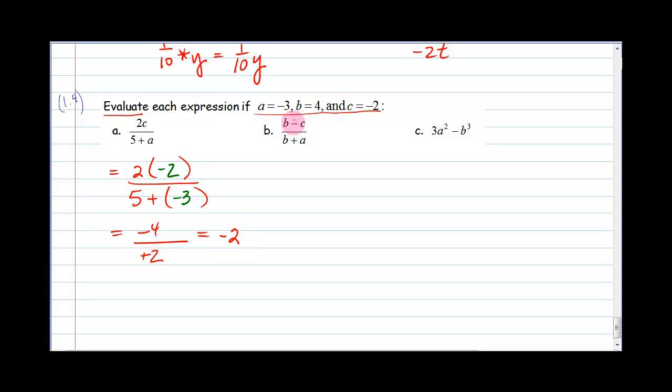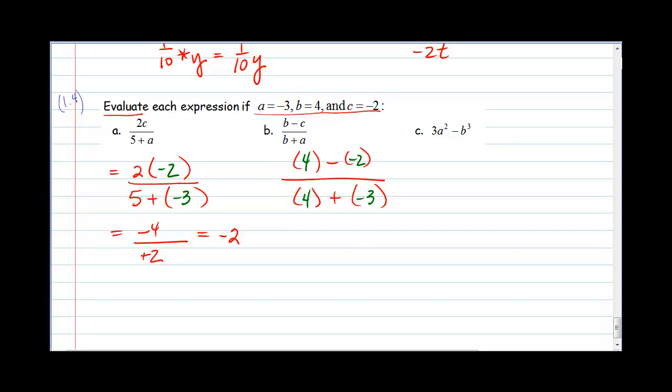Okay, let's do that again over here. I have something minus something over something plus something. B is going to be 4. C is -2. B is 4, and A is -3.